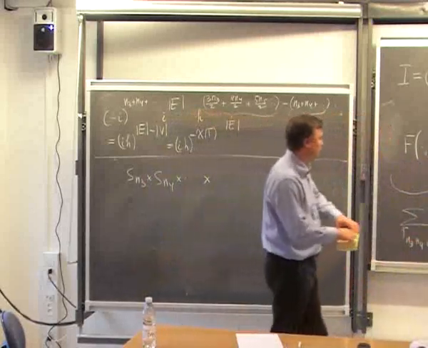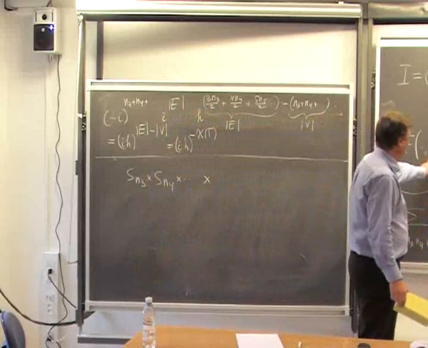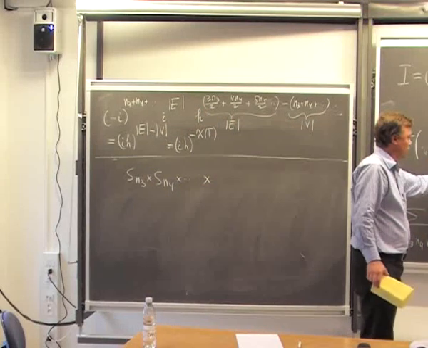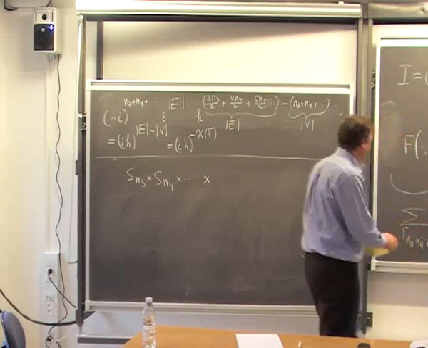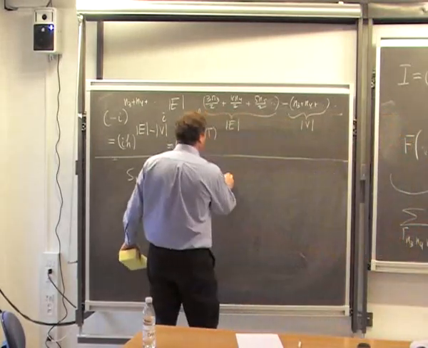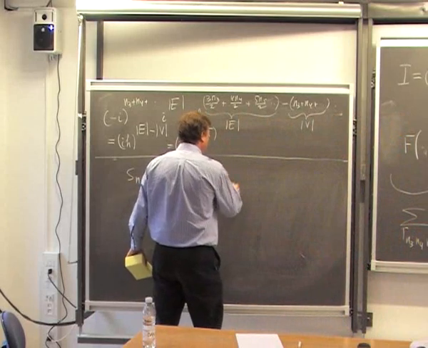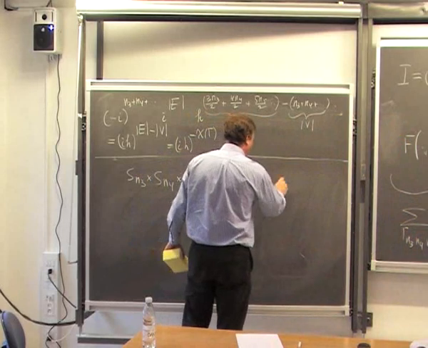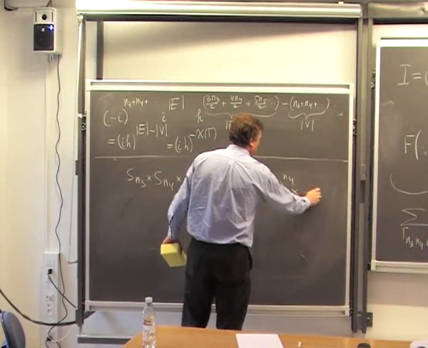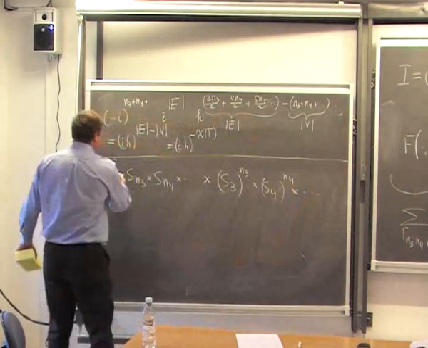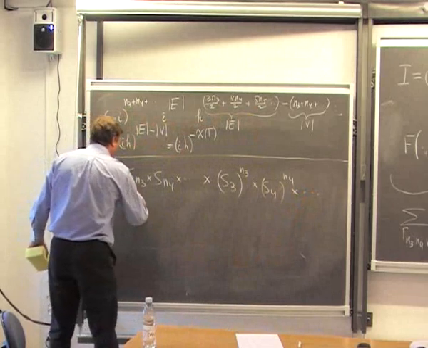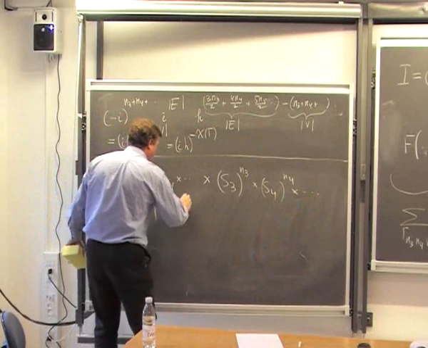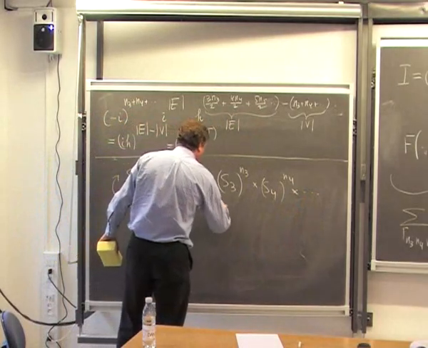We also can permute edges inside of these stars of vertices. So this gives S3 to the power n3, S4 to the power n4, and so on. So this is the automorphism group of the lower part.